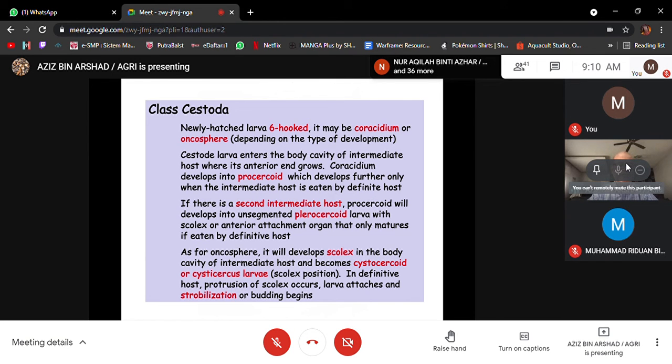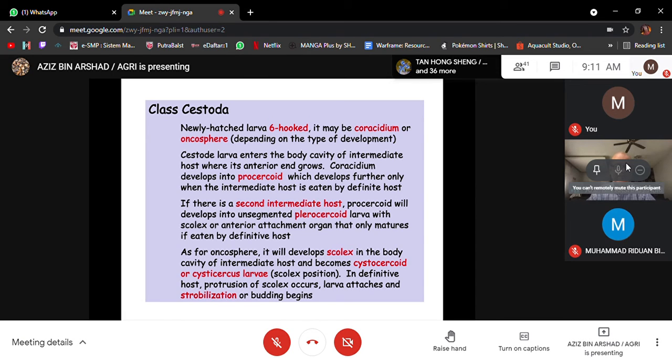In class Cestoda, the metamorphosis process is quite complex. That's why I don't want you to remember this, but it's good for reference, for those who are into a fish disease project or something like that, that you want to work on cestode. The newly hatched larva has 6 hooks. It can be called coracidium or oncosphere, depending on the type of development. It enters the intermediate host and grows in there.